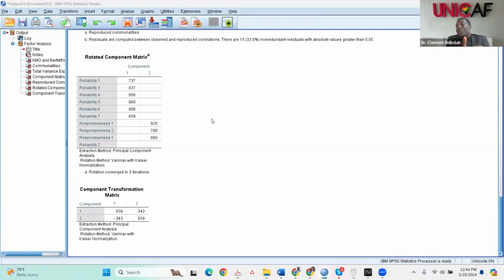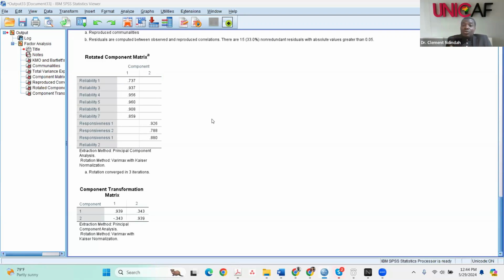This becomes relevant only when you don't have a well-established, already validated instrument for measuring what you want to measure. But if there already exist instruments to measure the construct that is relevant to your study, then you will not need to do this.